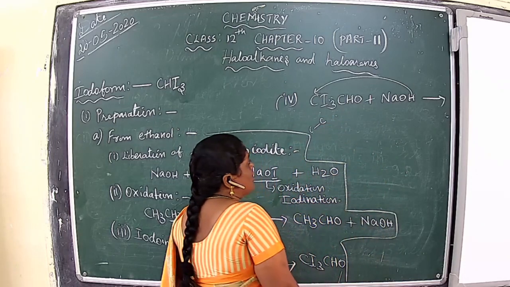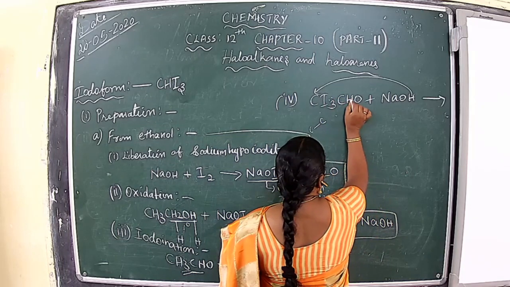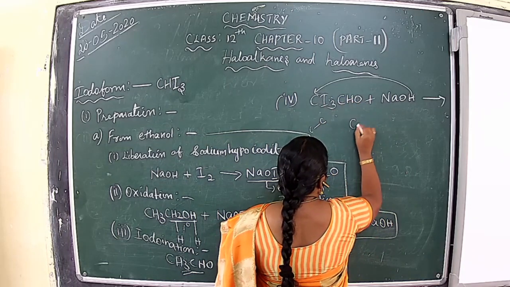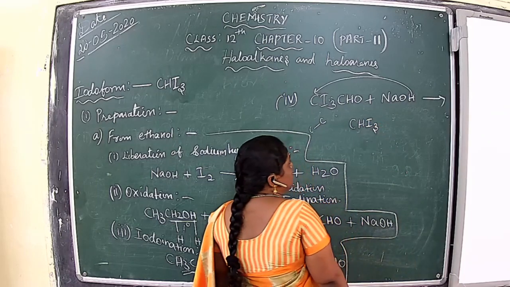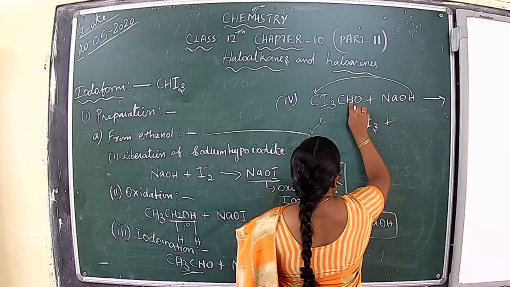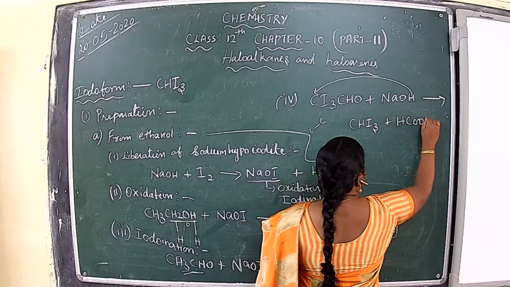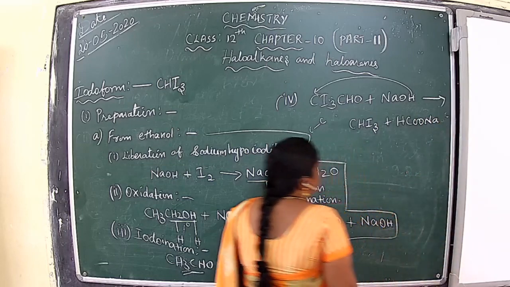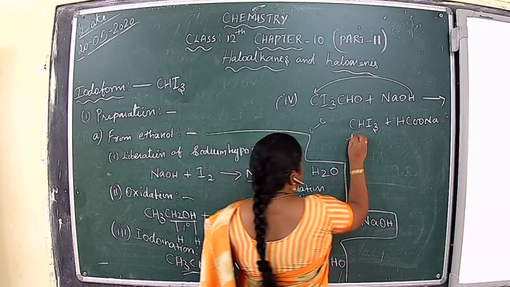The carbon-carbon bond breaks, and then CHI3, iodoform, is formed, plus HCOONa, sodium formate. This is the iodoform.